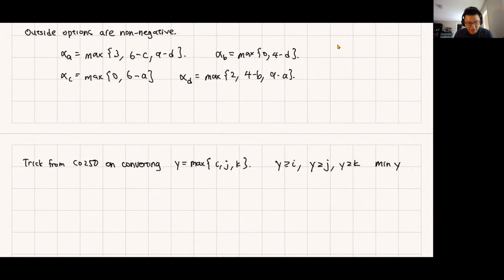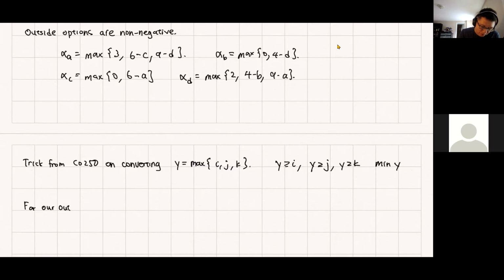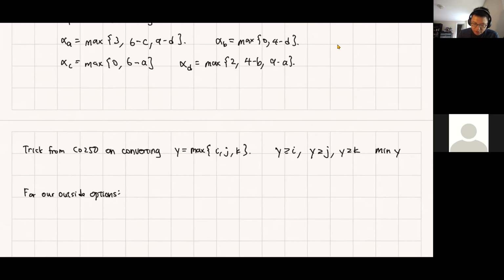So for our outside options, if we look at this equation, alpha A is greater than or equal to the max of those three. Let's start with minimizing all four of them.